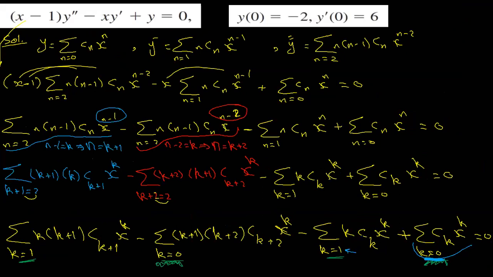So you need to start from 1. So how many terms should I expand? Only the term with index 0. But if your index here is 2, this one is 2, so you need to expand the term with index 0 and the term with index 1. Did you get the idea here, Mahmoud?